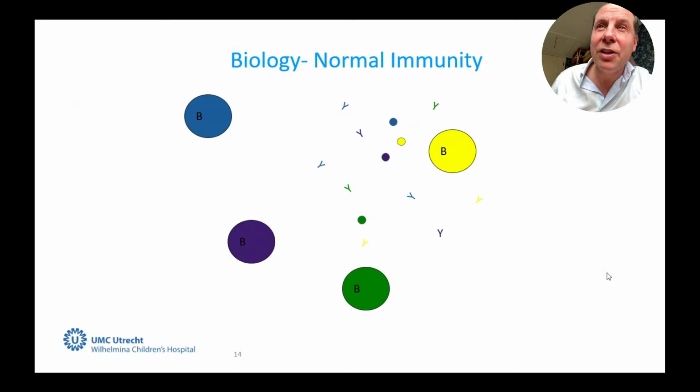What is most important is the absolute value of the immunoglobulins. Normal adults and older children have above 7 grams per liter immunoglobulin G in their blood, and that can be up to 15 grams per liter.